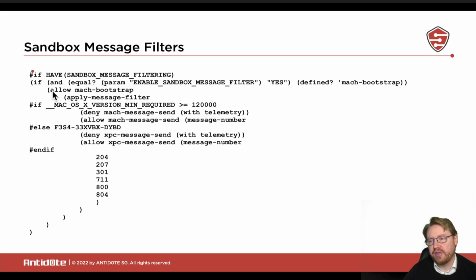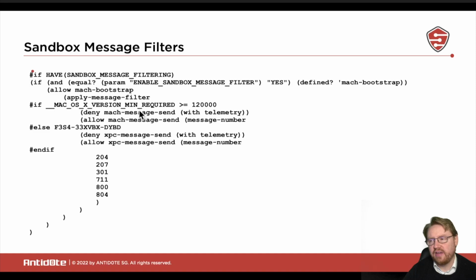Here, for example, you can see Mach bootstrap is allowed, but it will apply a message filter, and it will deny Mach message sent with telemetry. So if the Mach message sent was denied, it will have the telemetry logging, and if the Mach message sent will be allowed, it requires that the message number is one of those here.